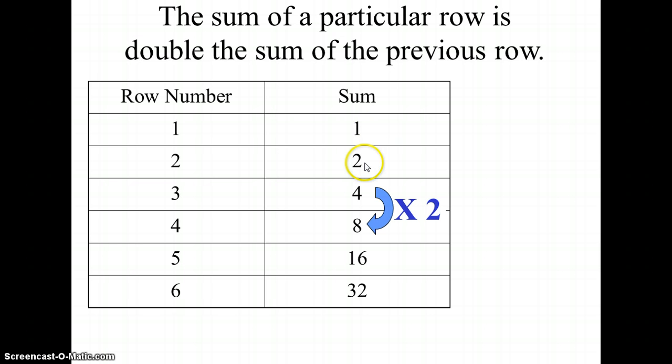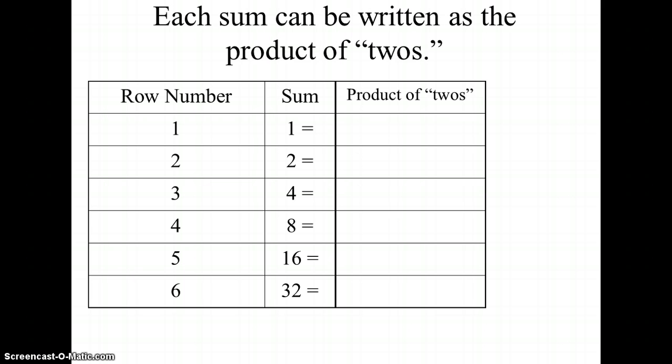So 1 times 2 is 2, 2 times 2 is 4, 4 times 2 is 8, 8 times 2 is 16, 16 times 2 is 32, and this pattern would go on forever and ever for as many rows as I wanted to put in my table.